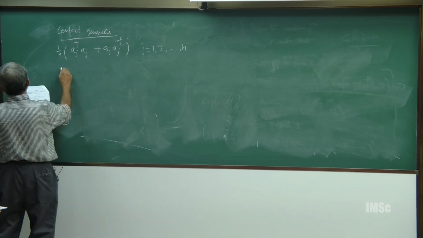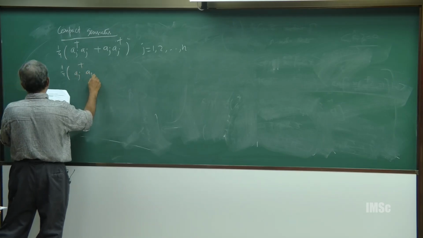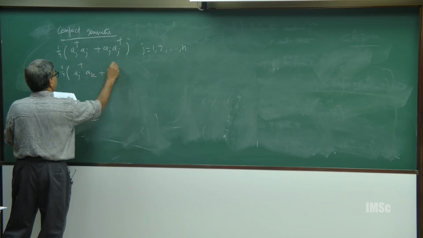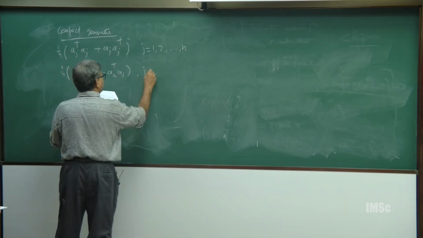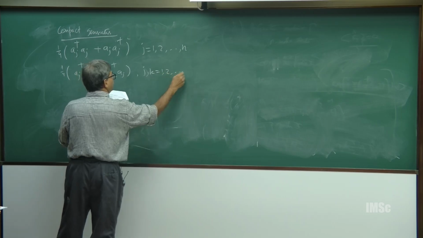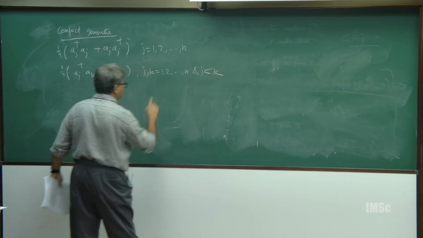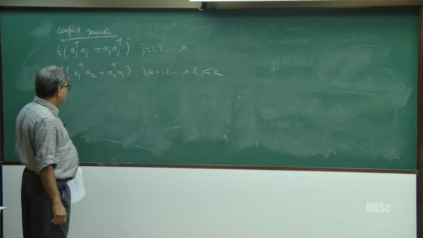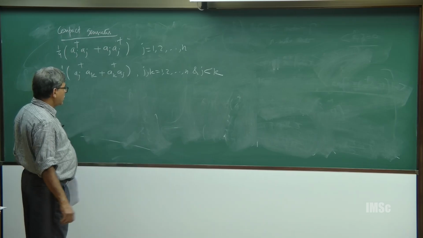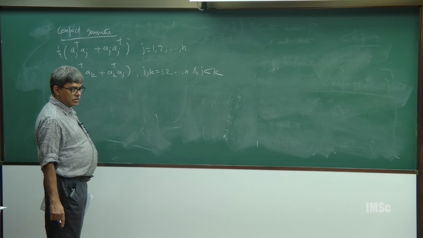Then you have 1 by 4 aj dagger ak plus ak dagger aj. This time j and k go from 1 to n, and j is less than k. How many of them? n into (n minus 1) by 2.